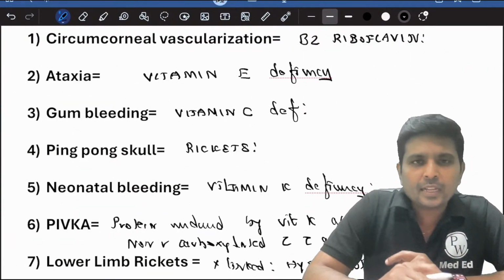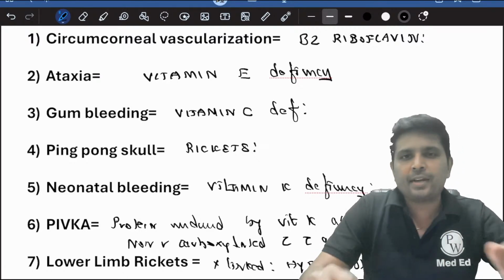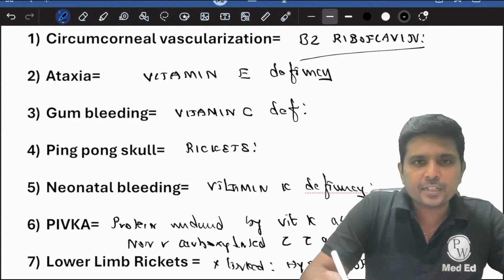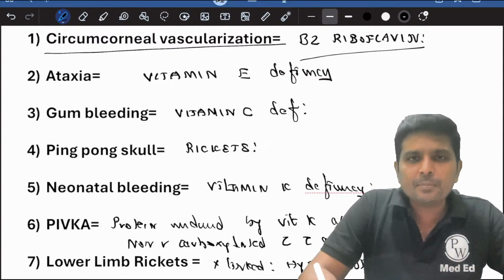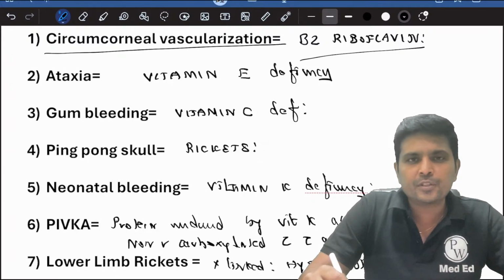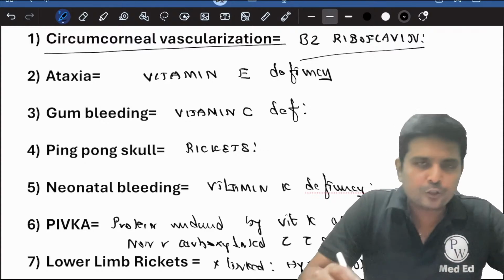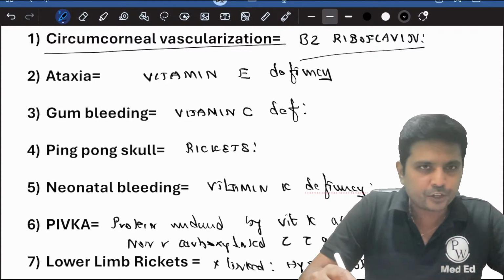Right. What are the other vitamins associated with characteristic features that can be asked in your entrance examination? You all know B12 deficiency is associated with circumcorneal vascularization. It doesn't mean that; B2 deficiency, riboflavin deficiency, is associated with angular cheilitis or glossitis. Now, an often asked question with respect to entrance examination is circumcorneal vascularization.